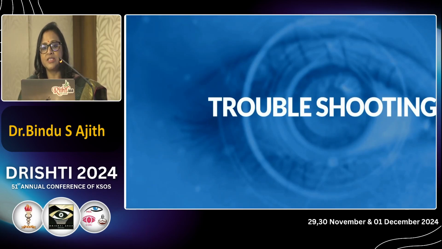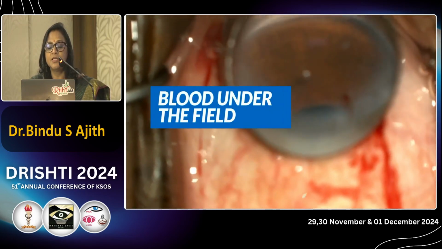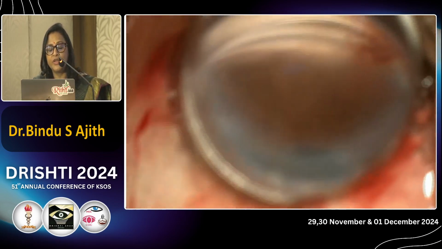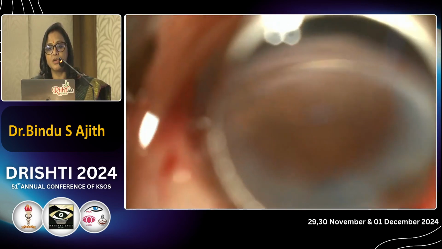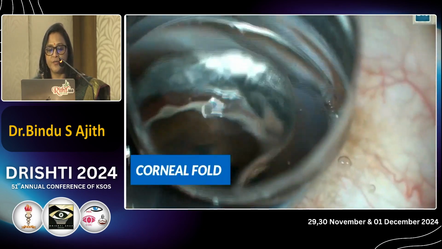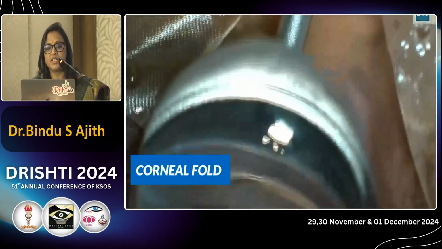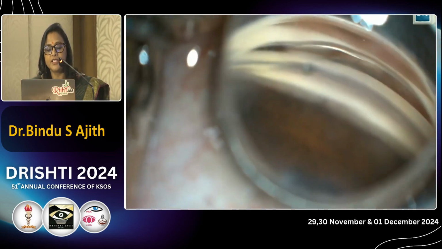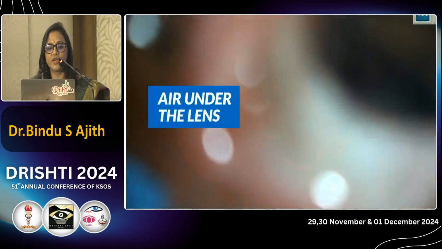Now, other difficulties that we face: especially when blood comes under the gonio lens, the view gets obscured. Here, what we have to do as a phaco surgeon is make the incision more clear corneal. During the initial stages, we tend to put a lot of pressure and you get corneal folds, so just release it and readjust, and you get a view.